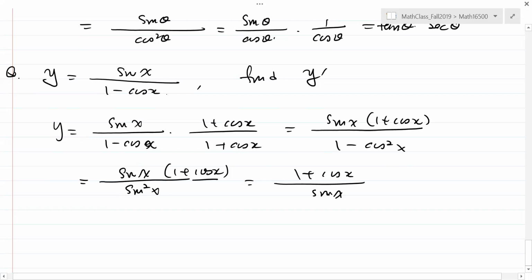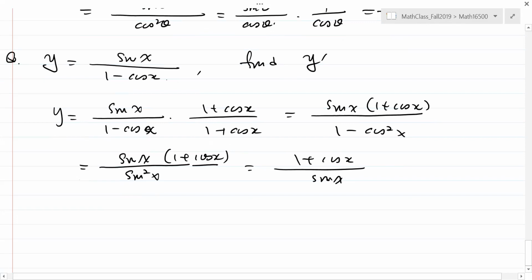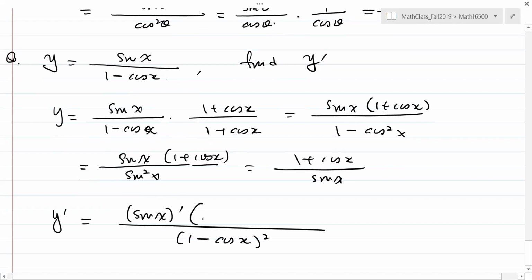So I'm going to use the quotient rule to find the derivative. Sine x prime times 1 minus cosine x, minus sine x times the derivative of 1 minus cosine x. I was trying to simplify the expression, but I couldn't. I'd get a similar one. The complexity is similar.